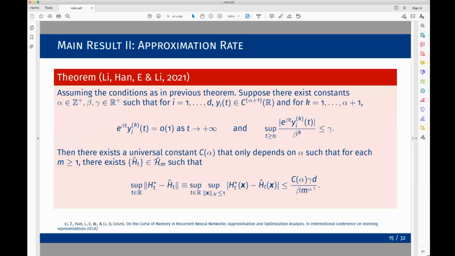Apparently, as we have larger m, we can have a better approximation. This is not surprising.